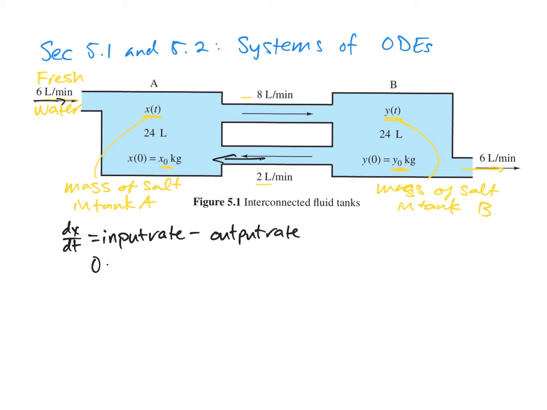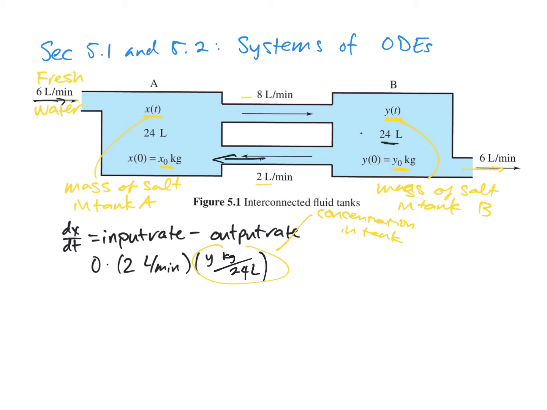And so that is 2 liters per minute times the concentration of what's coming in there, which is coming from tank B. And so that's going to be Y kilograms per, and there's 24 liters of water in that tank. So the concentration in tank B is this quantity here.